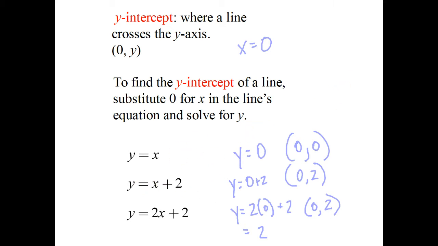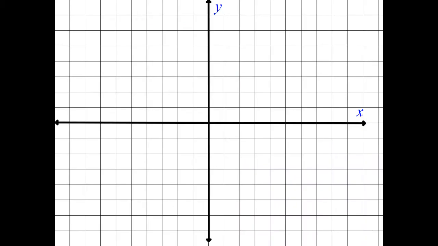Well, let's go ahead and graph these lines and see what these things look like on an actual graph. First we'll do the parent function, y equals x, and I'm just going to plot the points.